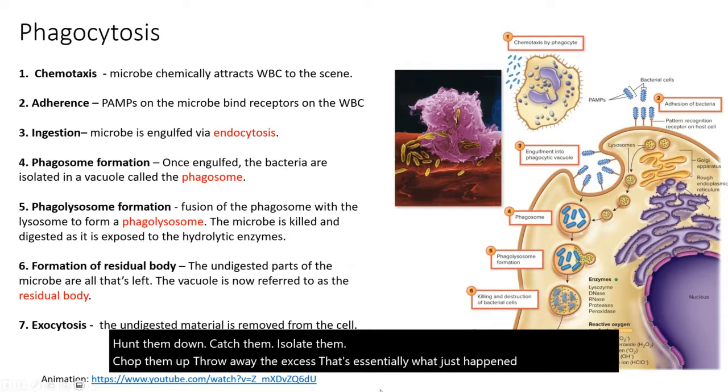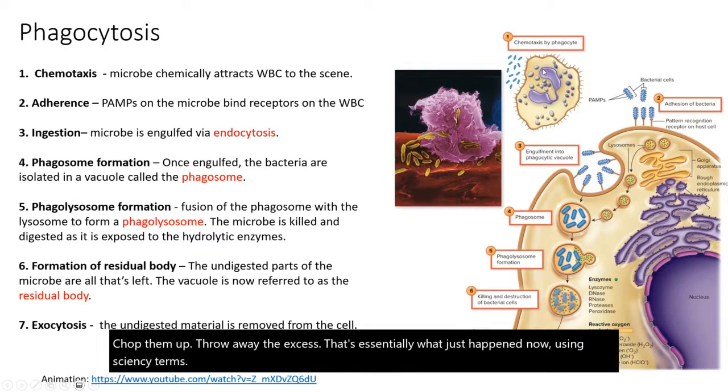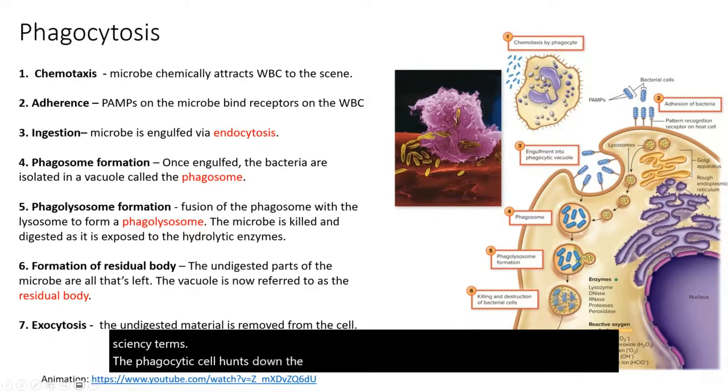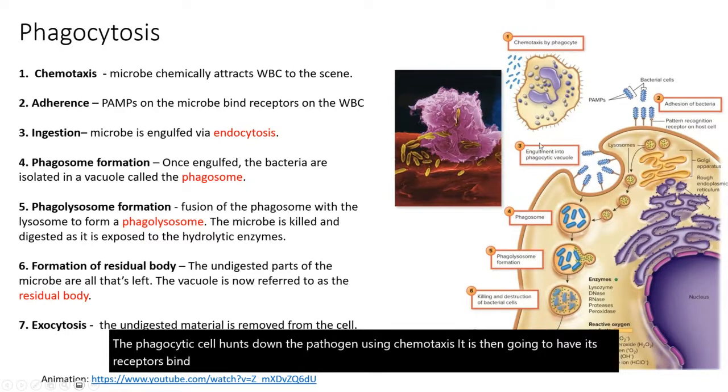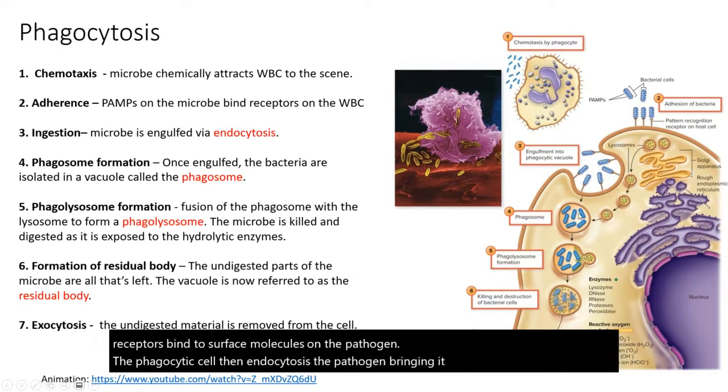Now, using sciencey terms, the phagocytic cell hunts down the pathogen using chemotaxis. It is then going to have its receptors bind to surface molecules on the pathogen. The phagocytic cell then endocytoses the pathogen, bringing it inside.